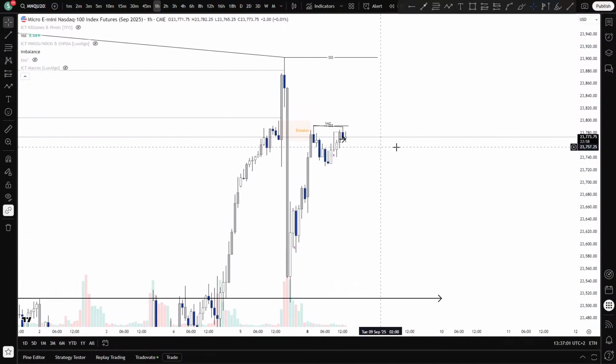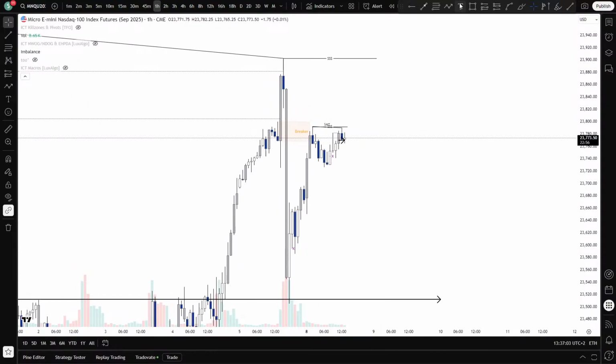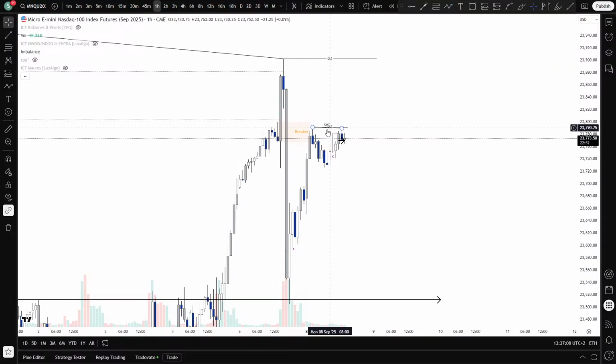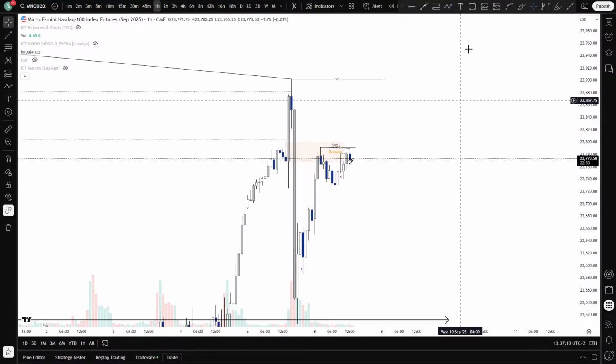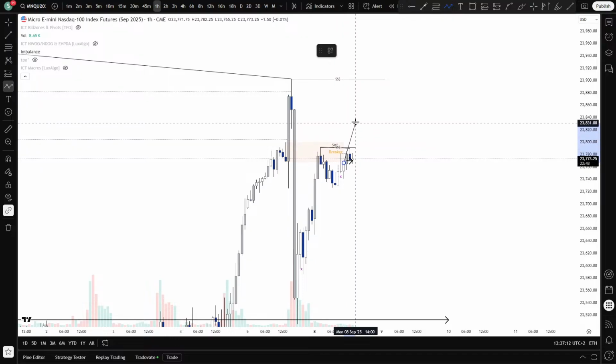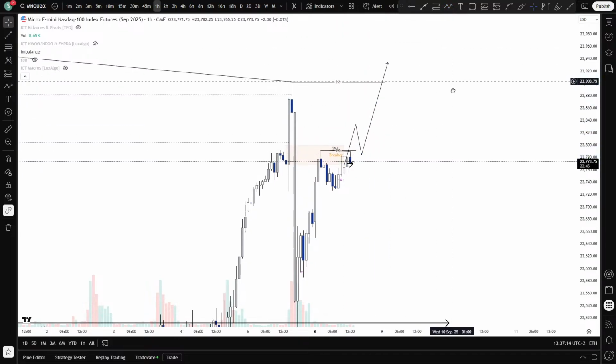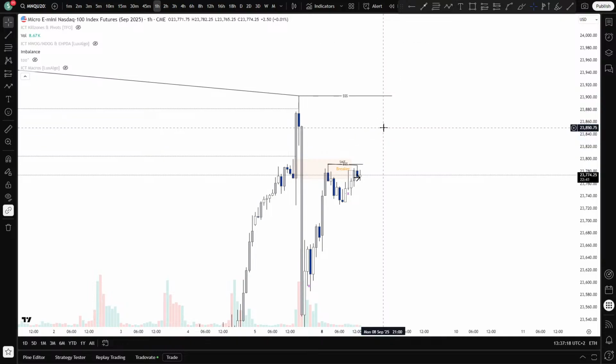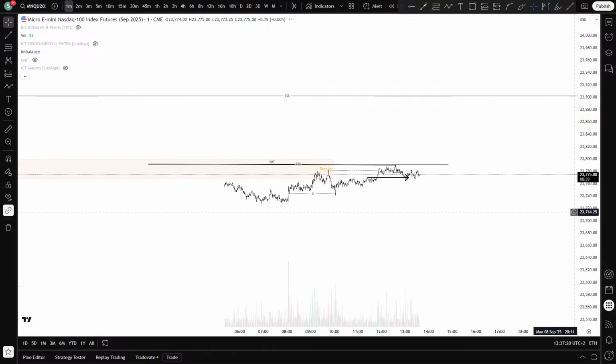So we'll have to wait. If we're gonna reject from here and create new lows, then it's a bearish confluence. But I'm more looking towards it as becoming support when we gain it and a confluence to trade towards this high. So a thing to keep in mind.